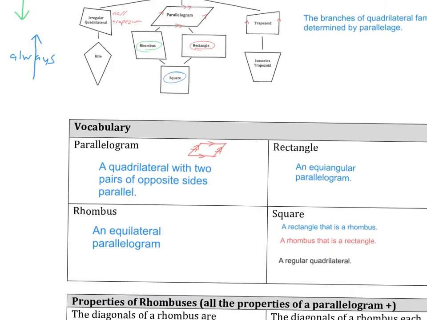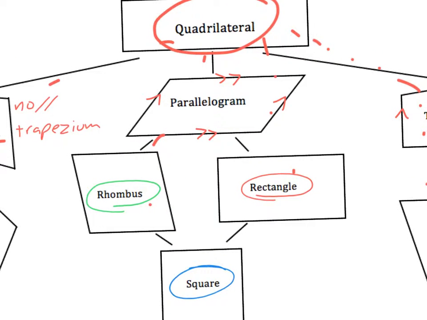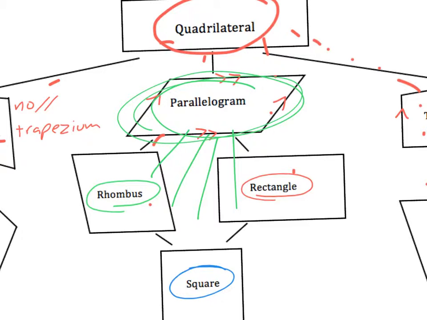As we look at these definitions, here's the key. Trickle-down properties. Everything that's true here oozes down to everything that's there. Which also means everything that's true about a parallelogram will ooze down.